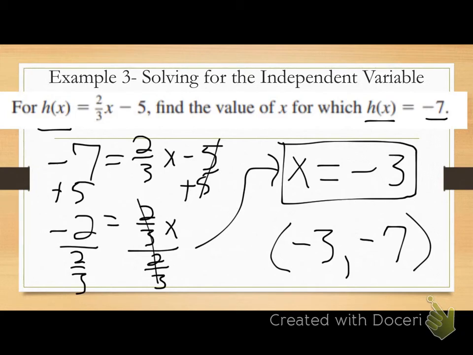Does that make sense? Wait, how'd you get the negative 7? That's what I was given for h of x. Right? So I found the x value when my y value was negative 7. So I found its corresponding x value. Okay? Questions on example 3? Can I move on? Yes. All right.